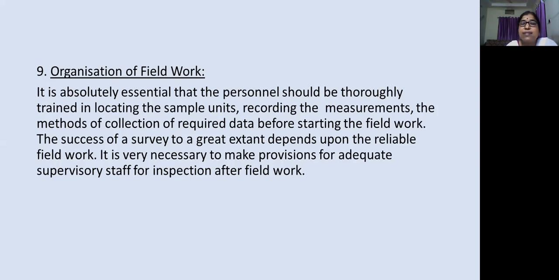It is very necessary to make provisions for adequate supervisory staff for inspection. The one who takes the survey forms and goes to the field should be thoroughly trained. Otherwise, there will be a lot of trouble and the data will be corrupt. And if the data is not proper, the analysis will not be correct.